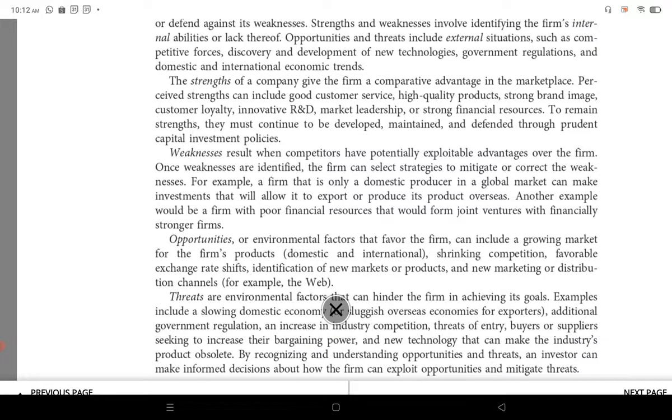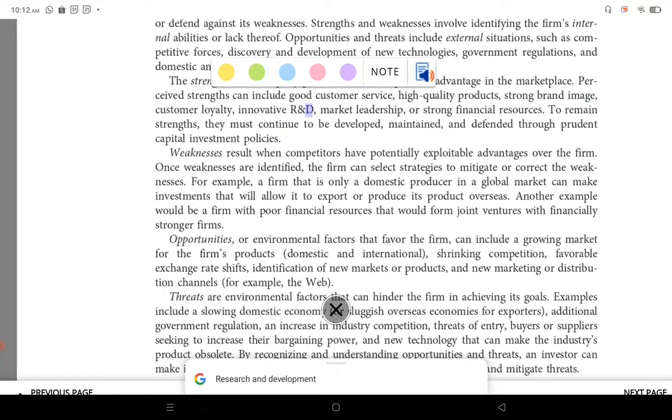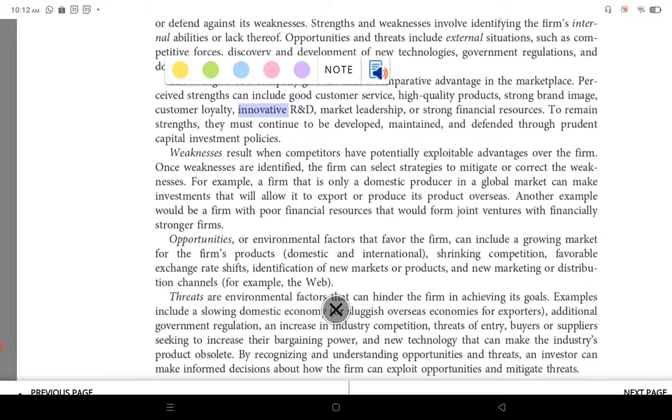So for the strengths of the company, normally they have a good product and maybe also a good, innovative R&D, research and development, and maybe market leadership, or strong financial resources. So these are the strengths that they have to develop. Maybe they have to maintain and defend them through their own operation, right.